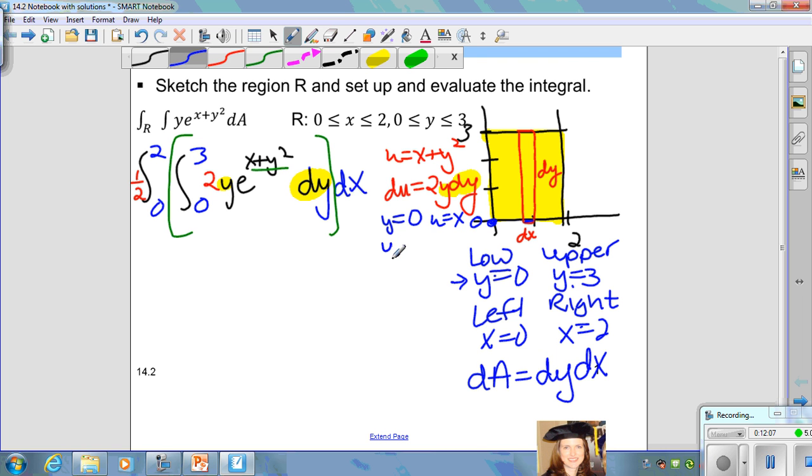And then your upper bound was y equals 3. So your u upper bound would have to be x plus 3 squared, or x plus 9. All right, that is going to be your new bounds when you do the u substitution. So it's going to be 1/2 the integral from 0 to 2 of all of that.